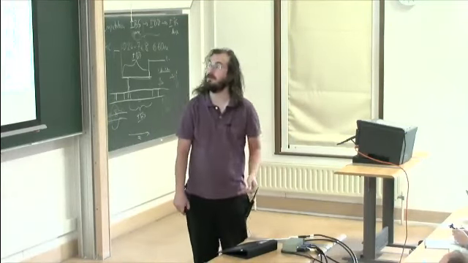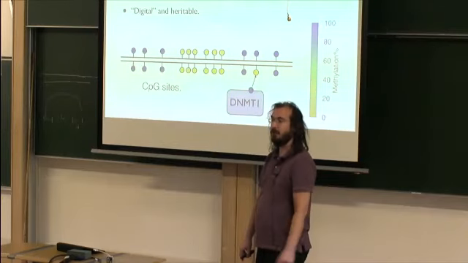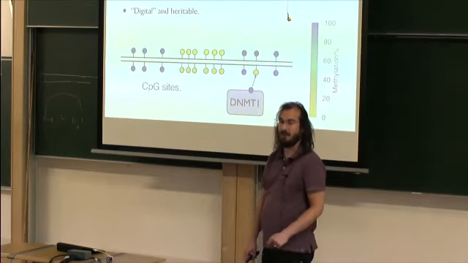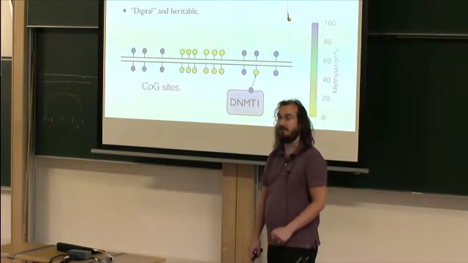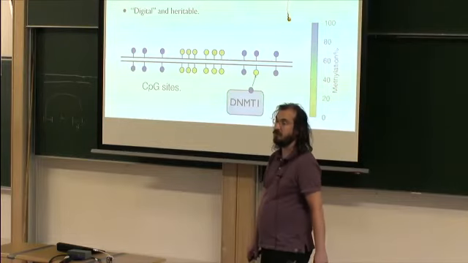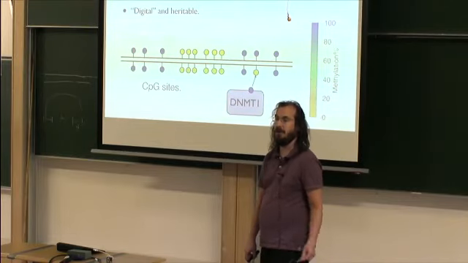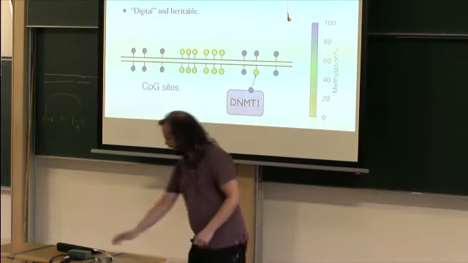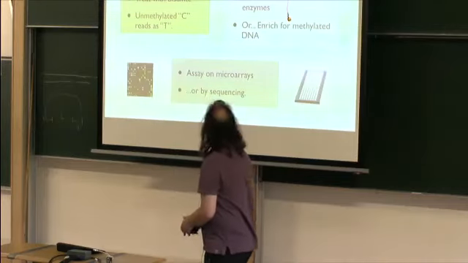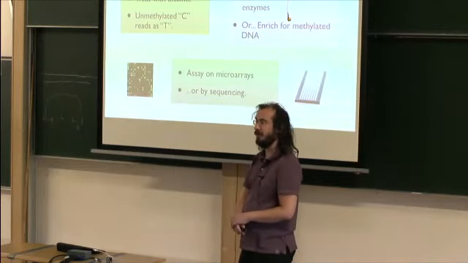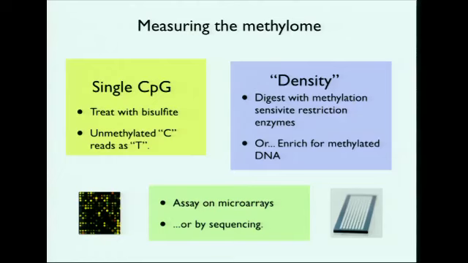And this makes it very attractive as a place to go looking for a cellular memory, because this is a way that information can be stably passed across cell divisions. So how do we go looking for this? I think you probably guessed that the bottom line is going to be sequencing, but there are several different platforms.